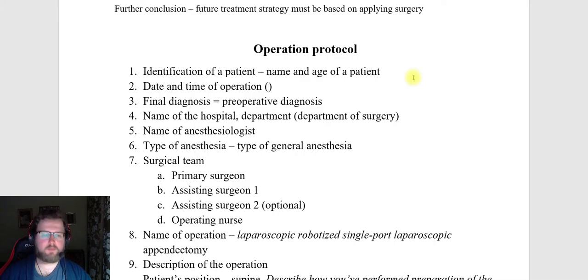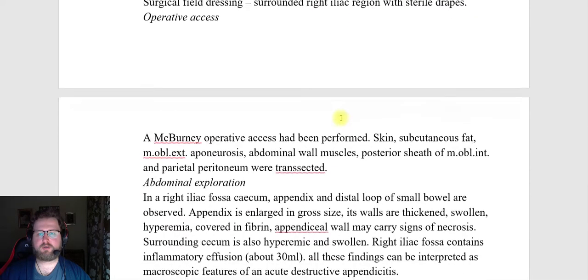For example, the operation took part on April 24th, 2020. It lasted from 15 until 16 hours. This precision is very important. You always have to point that out in your operation description.